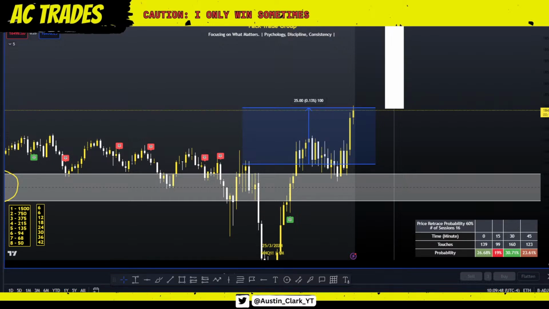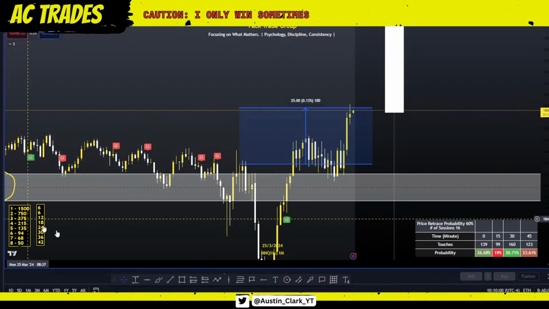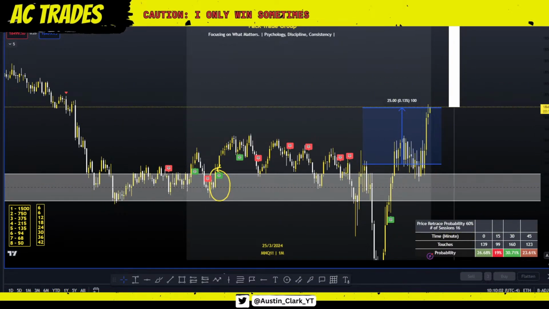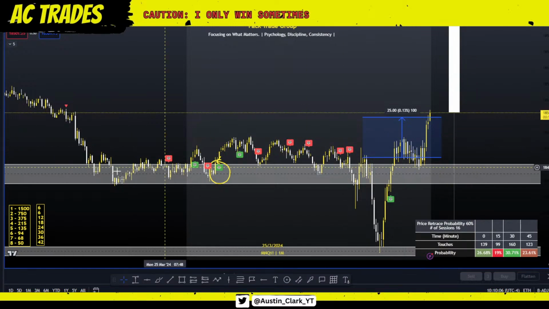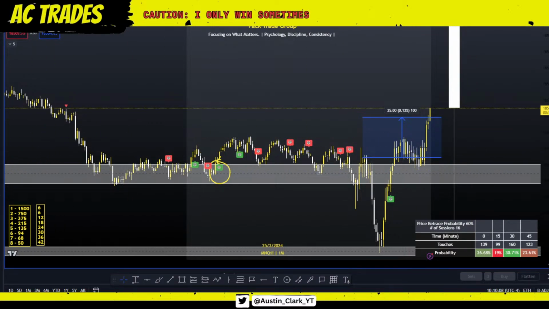Big profit, 25 points. This is real trading. I need to see everyone in the chat lose their absolute mind. Let's freaking go, baby. That's real trading right there. Real freaking trading. Done for the day. Done for the freaking day.